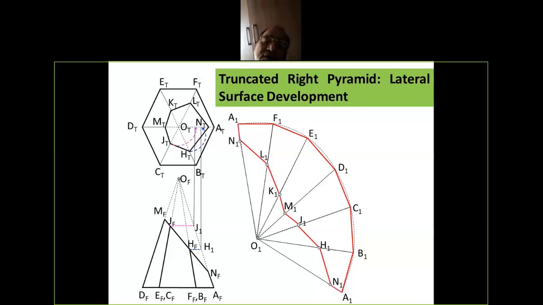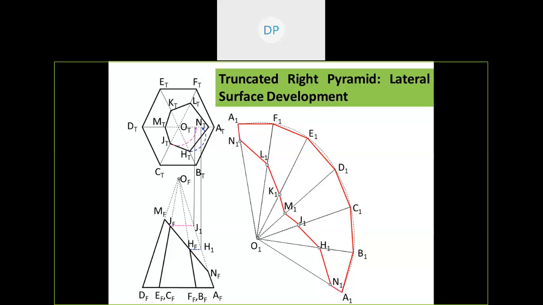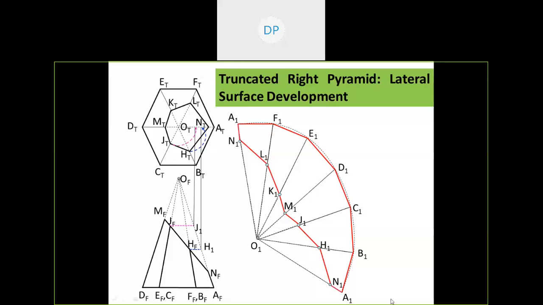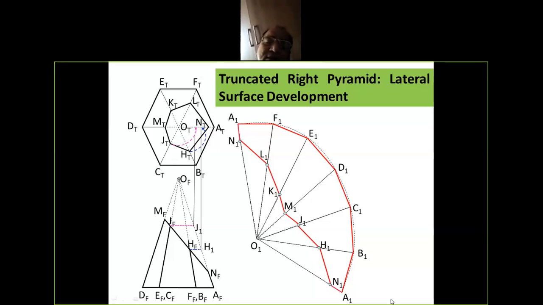We have taken a circle of this perimeter, and then we have divided it into 6 parts for all the generators. In the case of truncated sections we have taken the A1 N1 length, from the projections, and taken it in the other figure, that is the red color.